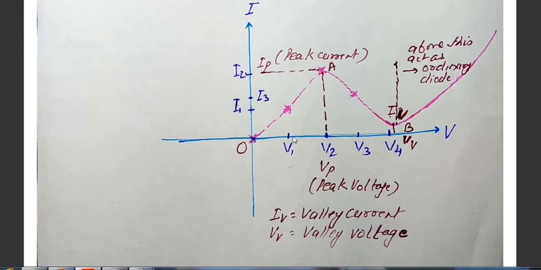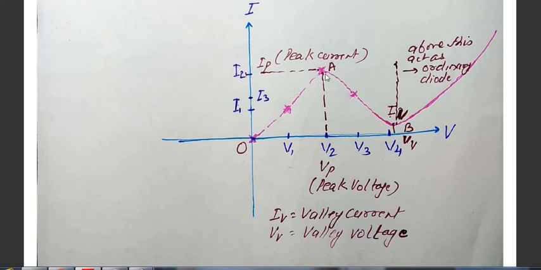Then we applied V1 voltage, and corresponding to V1 we are getting I1 current. Corresponding to V2 voltage we have assumed the condition of maximum overlapping. So in this case I2 is the amount of current that is flowing across the tunnel diode when we have maximum overlapping.